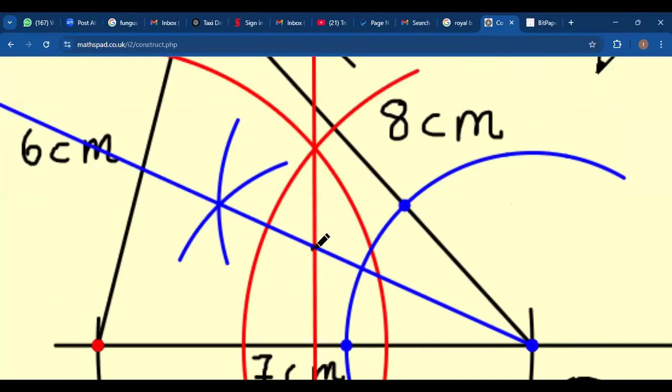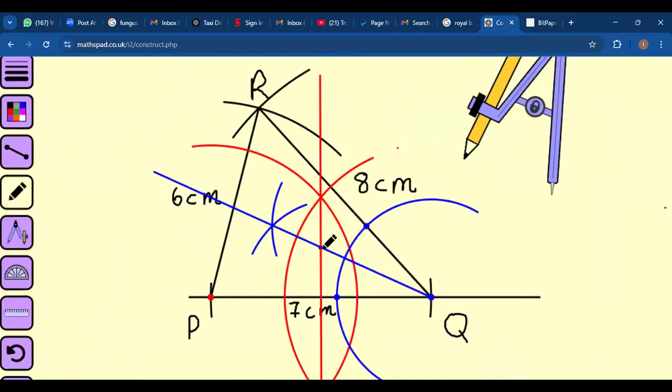Let's see if it actually shades in. We're going to call this point what? A. So we already labeled that A. Point A is the point where the two bisectors meet.